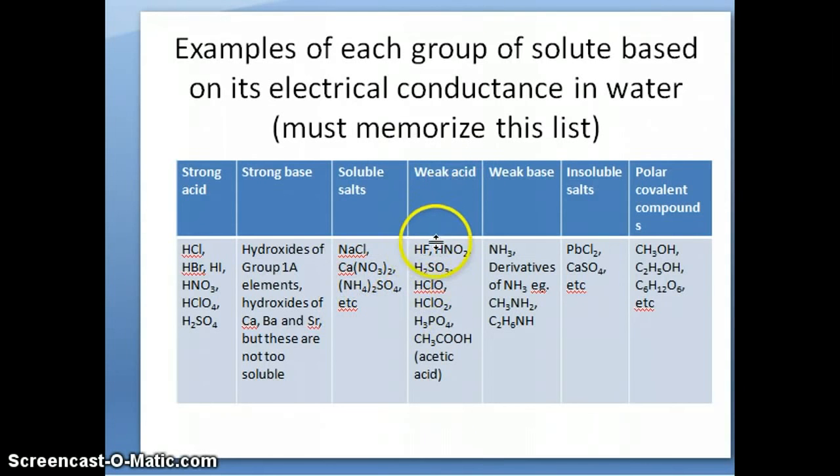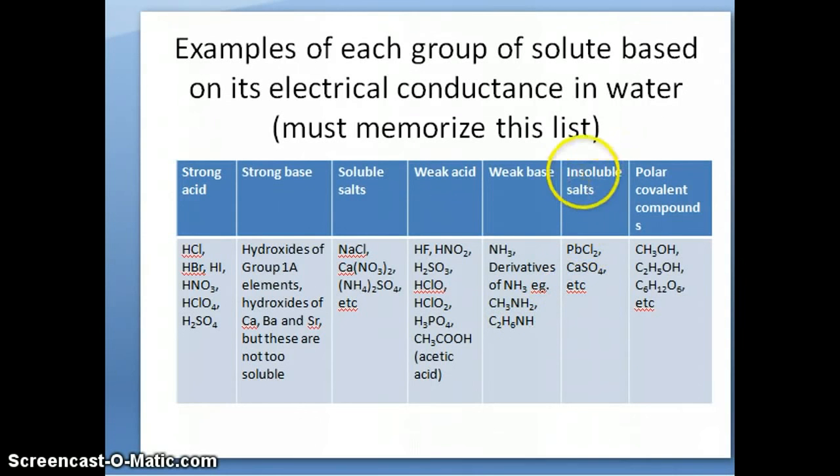Weak acids: these are examples of some of the weak acids that you want to keep in mind. Weak bases: ammonia, NH3, is the main one that you really want to remember. There are also some other weak bases that you might come into contact with in this class, derivatives of ammonia, for example methylamine, ethylamine, and dimethylamine, and so on.